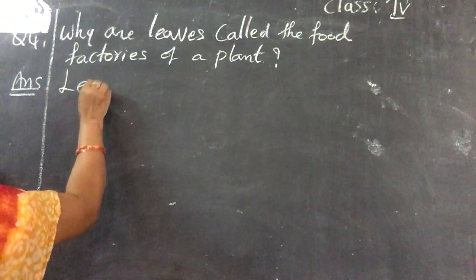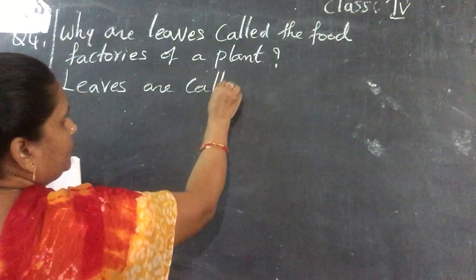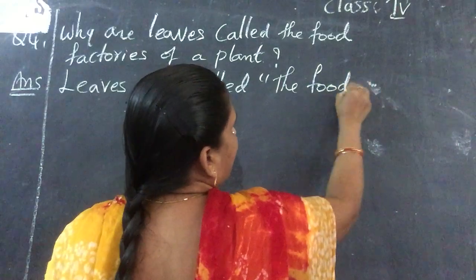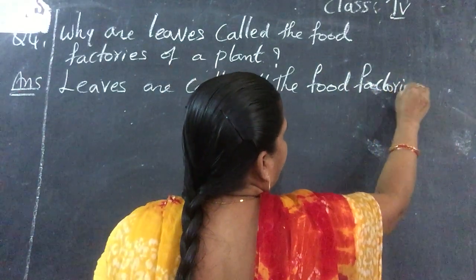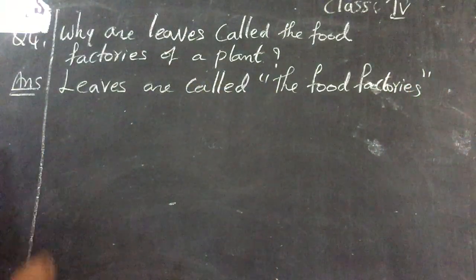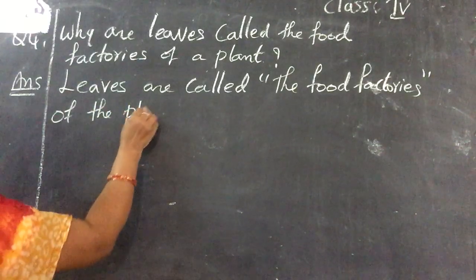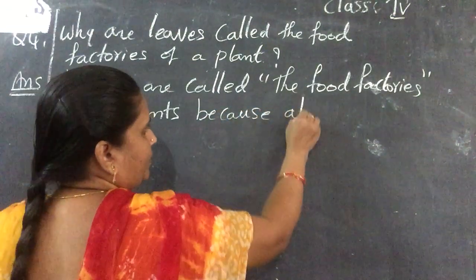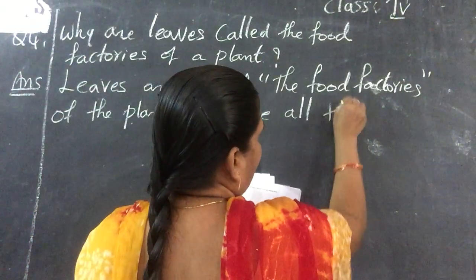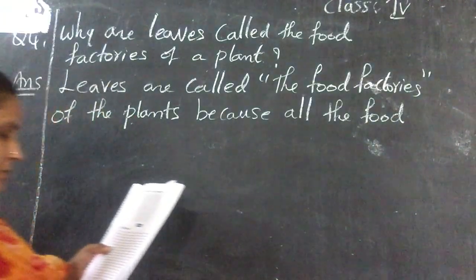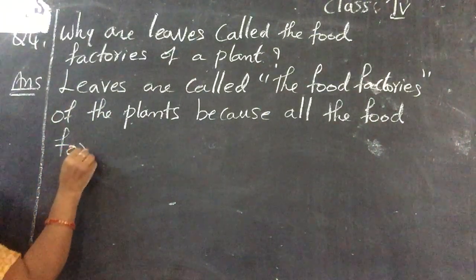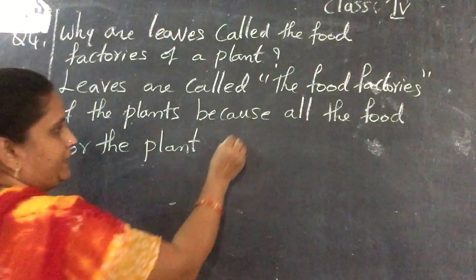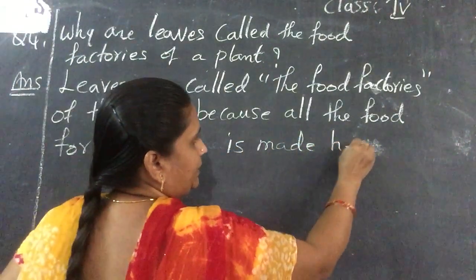Leaves are called the food factories of the plants because all the food for the plant is made here.